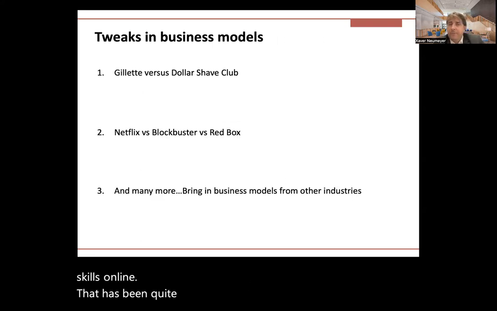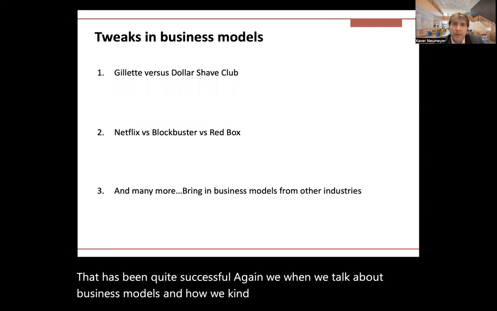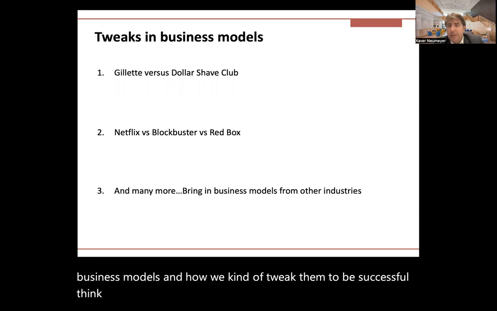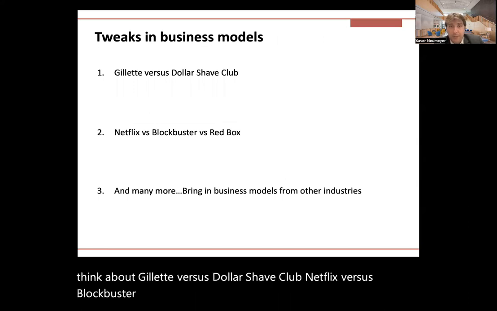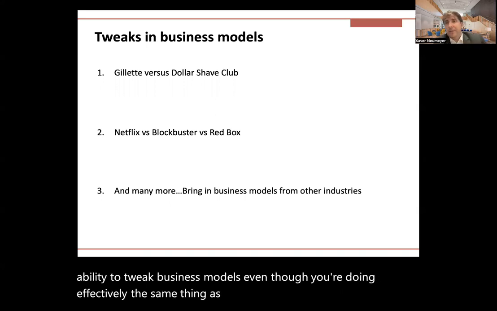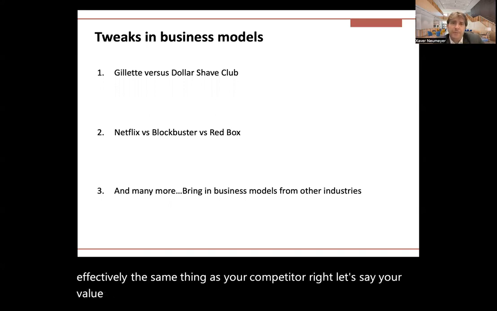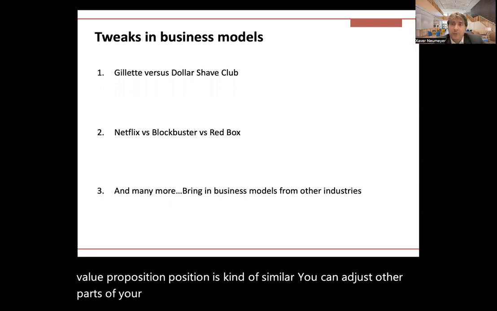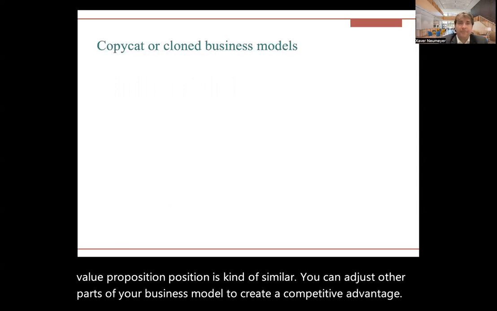Again, when we talk about tweaking business models to be successful, think about Gillette versus Dollar Shave Club, Netflix versus Blockbuster versus Redbox, and many more. Even if you're doing effectively the same thing as your competitor, and your value proposition is similar, you can adjust other parts of your business model to create a competitive advantage against them.